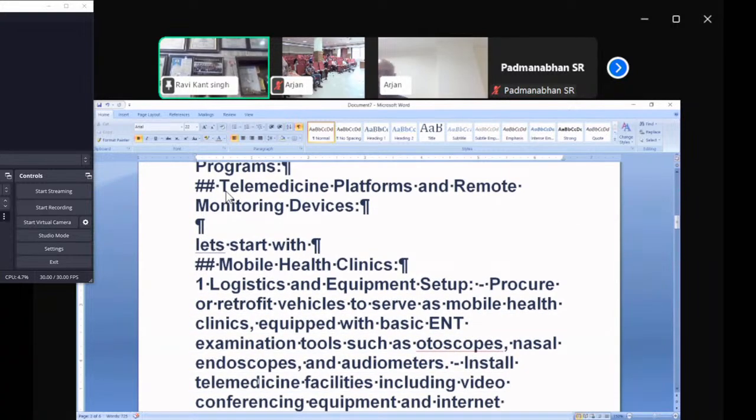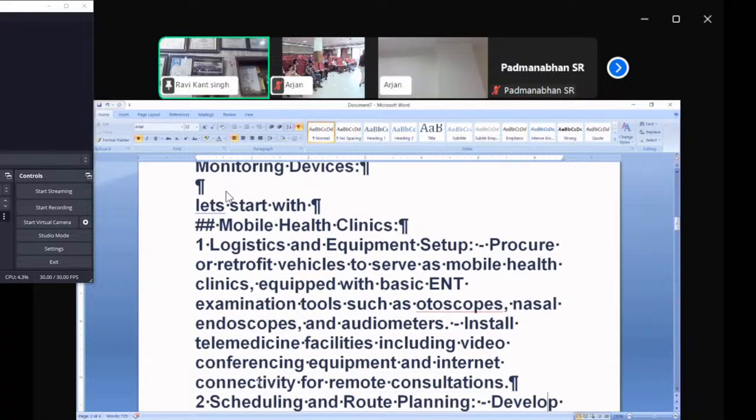Let us start with the mobile health clinics. We have an ambulance retrofitted as a mobile healthcare clinic, equipped with basic ENT examination tools like otoscope, nasal endoscope, mobile camera enabled endoscopes, and audiometers.